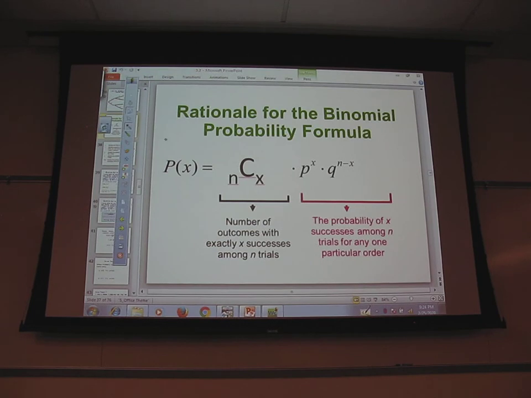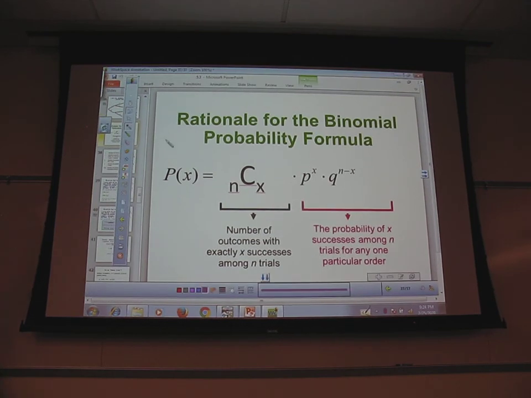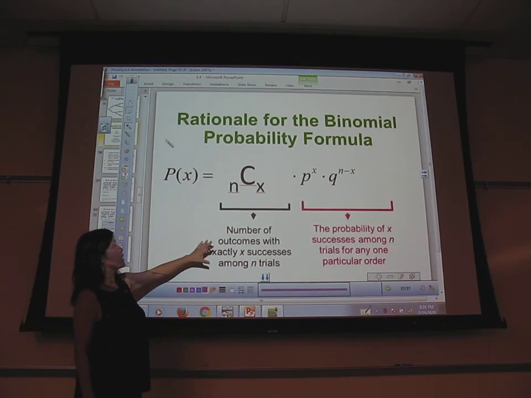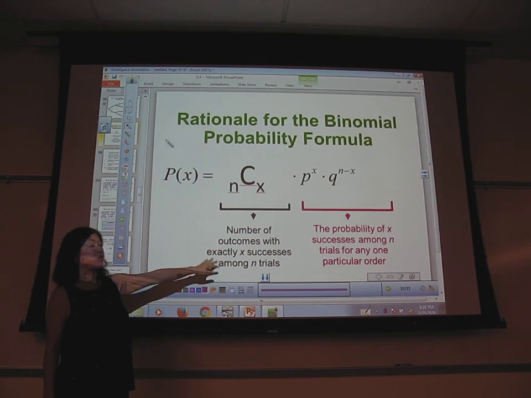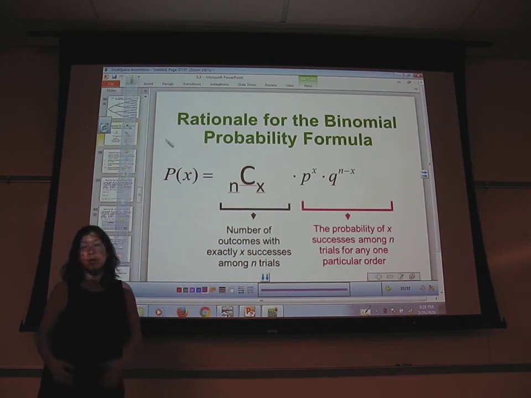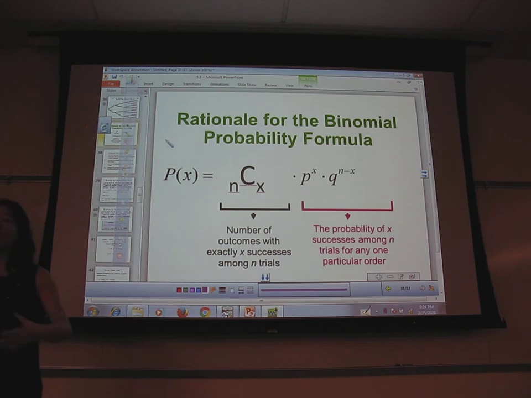So again, remember, this is where this comes from. This part is the number of outcomes that have exactly X successes among N trials. It's how many ways I can have N items and randomly choose X of them to be successes.